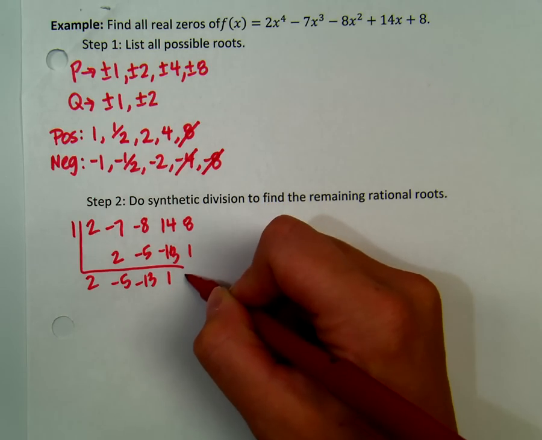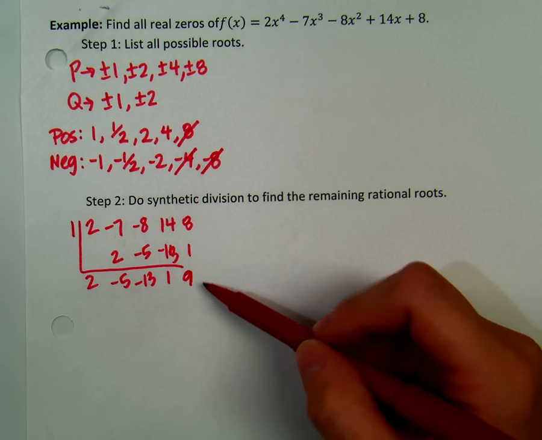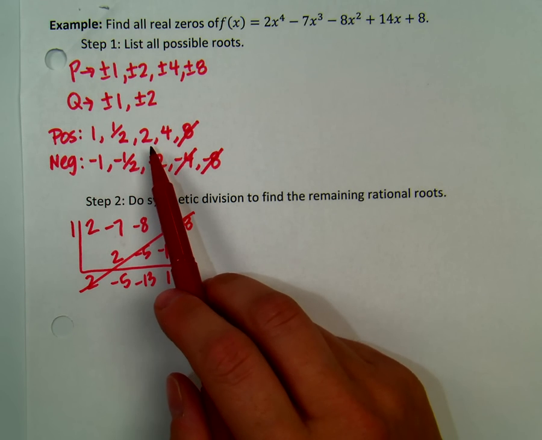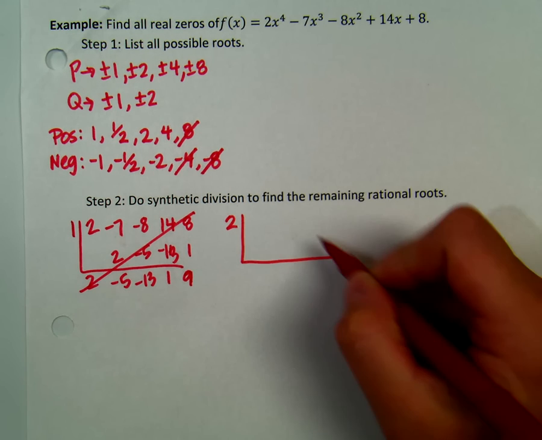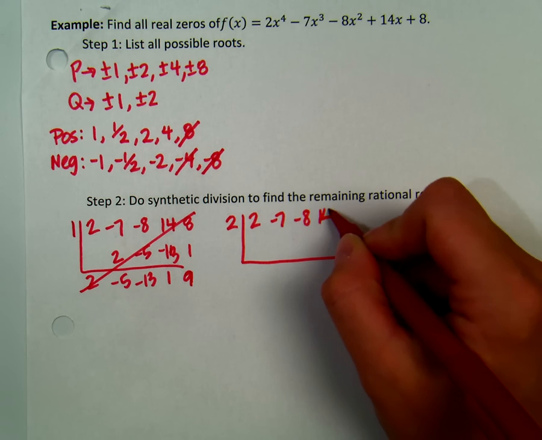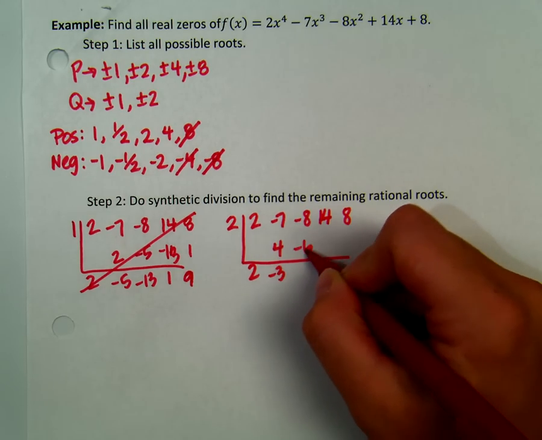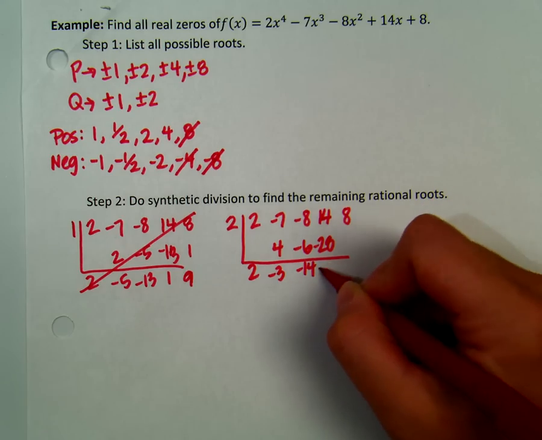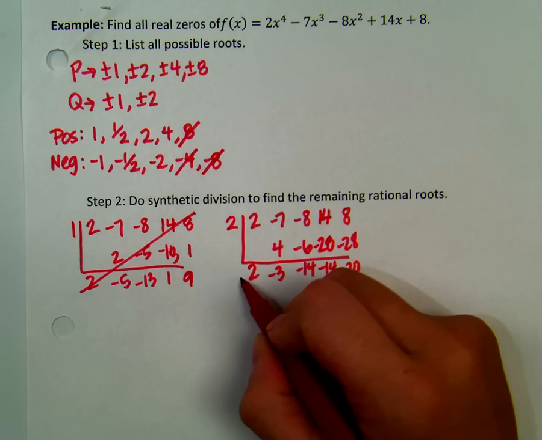And you see that 1 is not a root. We have a remainder of 9, so 1 is not going to work. All right, let's go on to 2. Again, 2 does not work, so we'll go on to the next one.